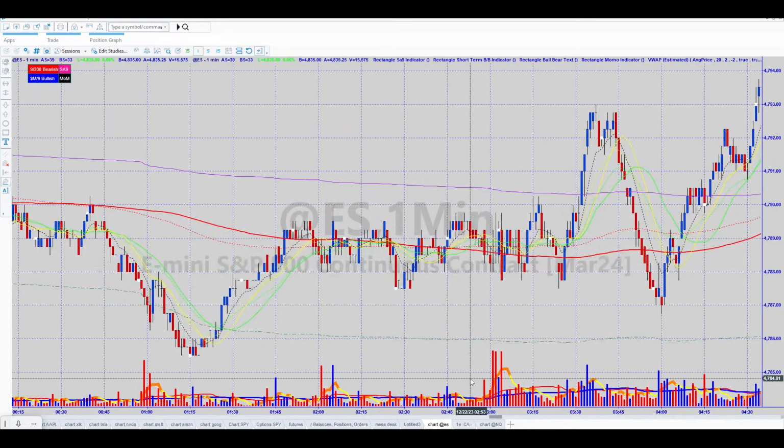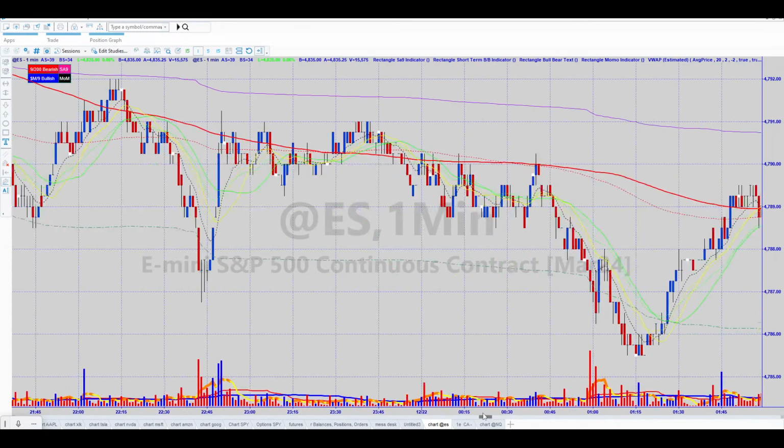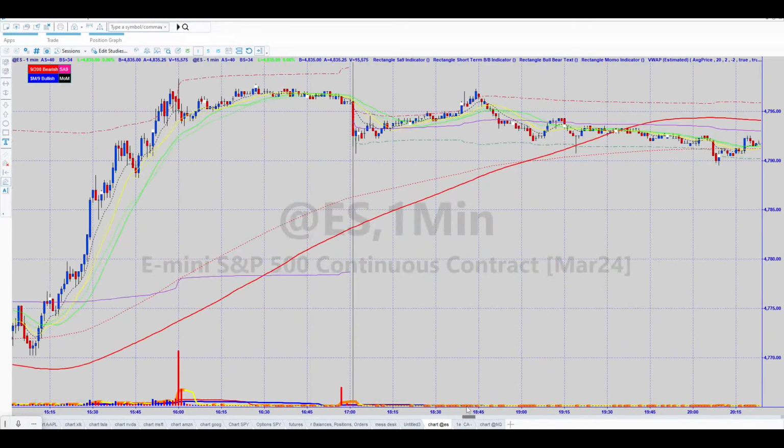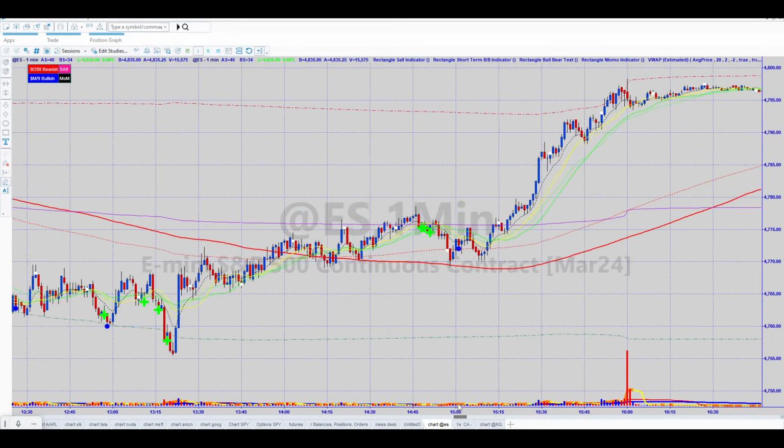Does that take us to the 25th, or that takes us back to last week? And so actually that would have been Christmas Day. So even though futures was running on Christmas Day, the markets weren't open.